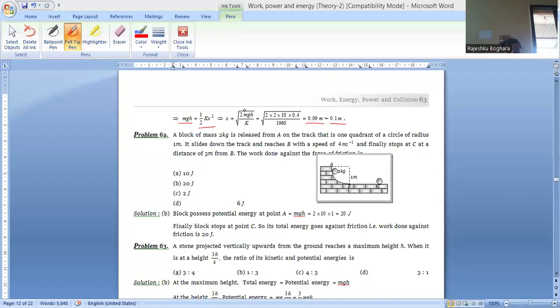Then we write here v square by 2 equal to Pt by m. Then v square is equal to 2Pt by m, take square root. Then v is equal to under root 2Pt by m. This is the relation between velocity and time and power.